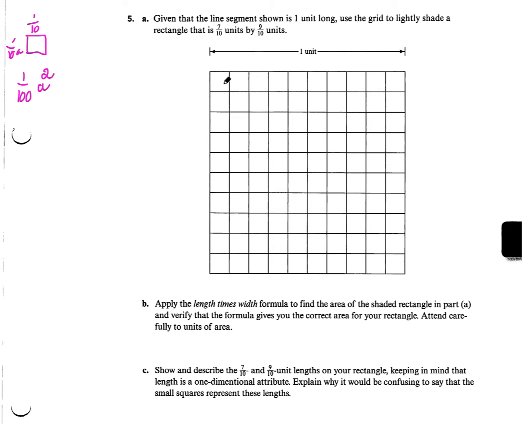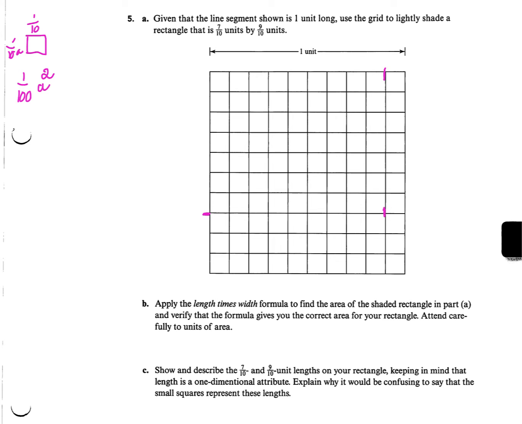Okay, so we usually do length times width. So length is going to be 7/10 and width is going to be 9/10. Here's 7/10. 1, 2, 3, 4, 5, 6, 7. And then 9/10 would be to here.